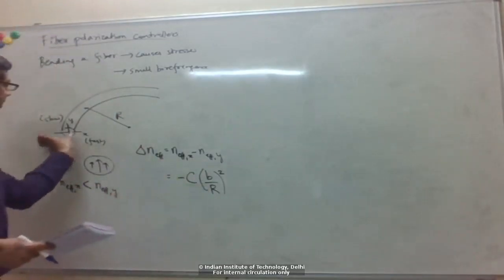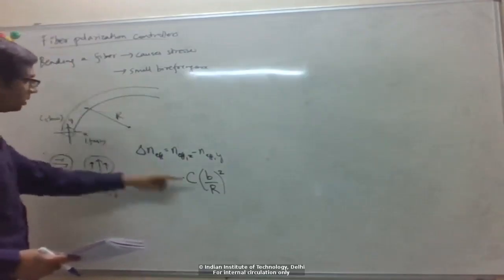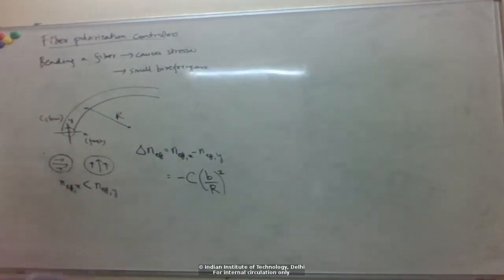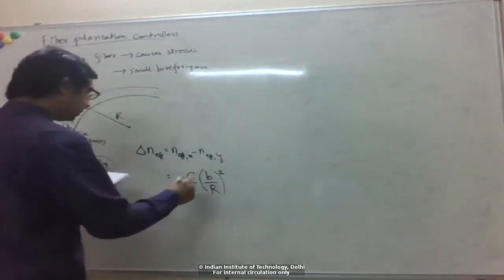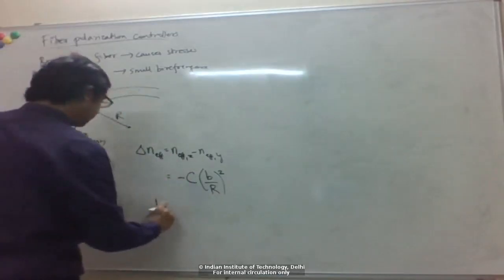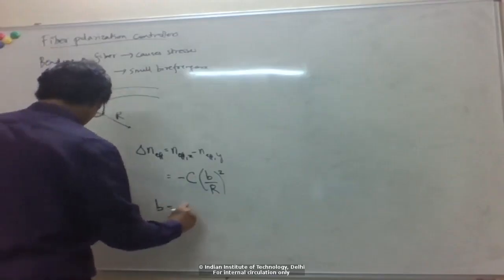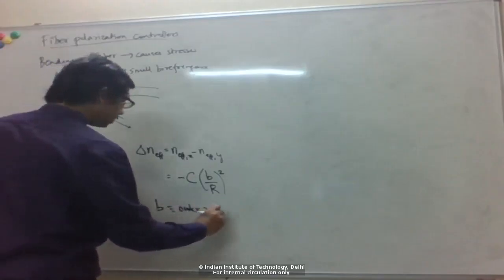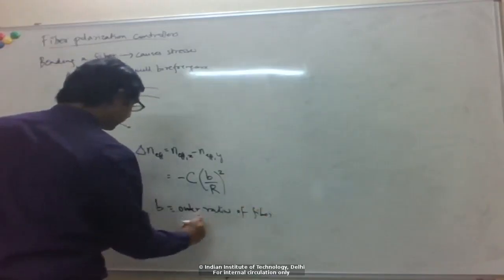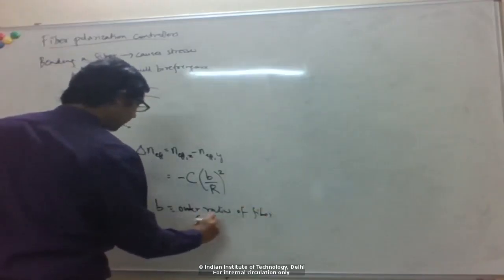So if I have a tighter bend, which means a smaller R, then the birefringence is higher, right? Because the stresses are higher. And so what is this B? R is the radius of curvature of the bend. B is the outer radius of the fiber, right? This is basically the extent of the cladding.